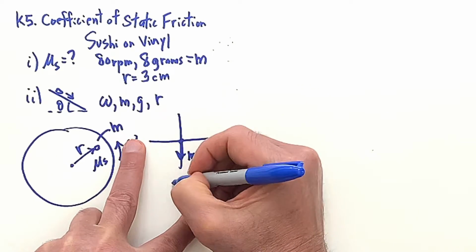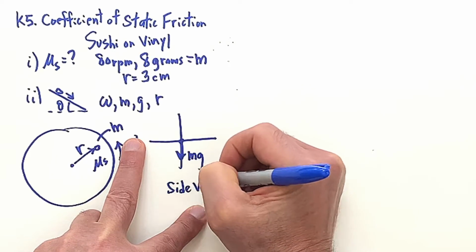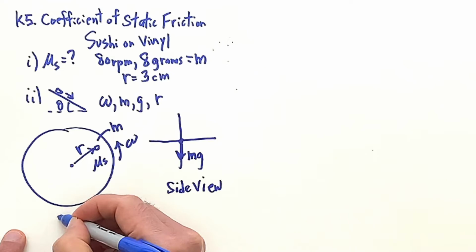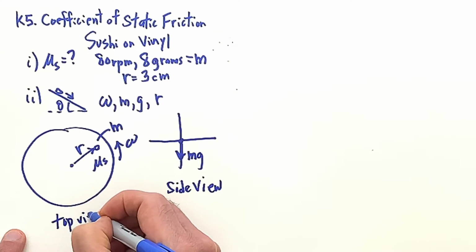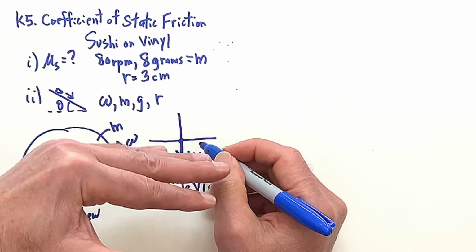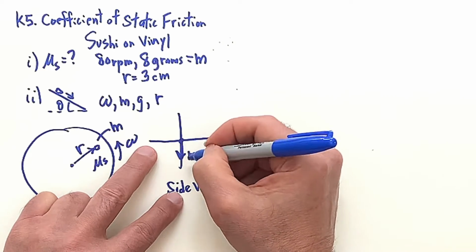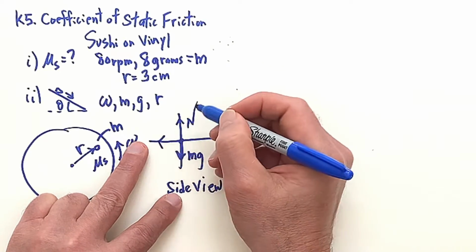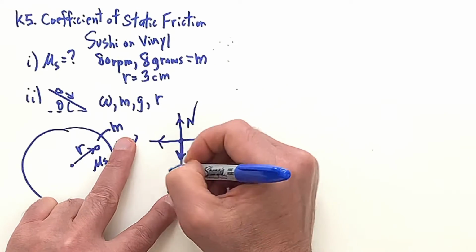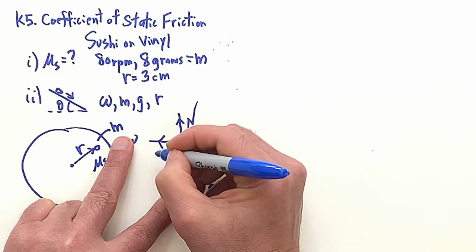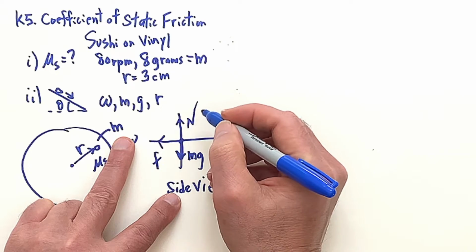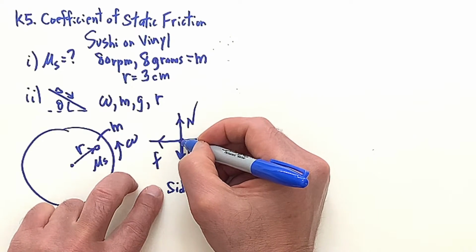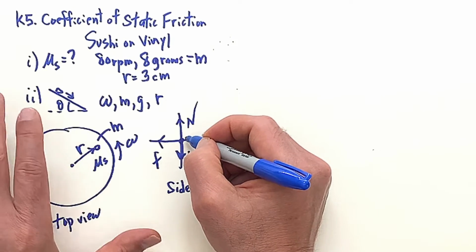So now we're looking at a side view. This view here is the top view. So now you look on the edge, the side, with the sushi sitting on the record. You have mg going down, you have a normal force going up, and you have the force that's keeping it going in a circle, your centripetal force. And then when you reach the maximum, it starts to slide.